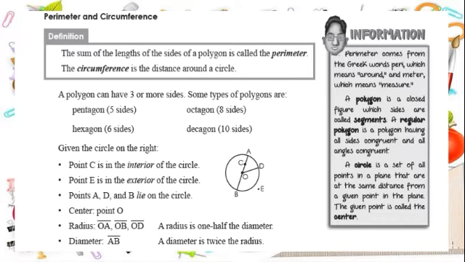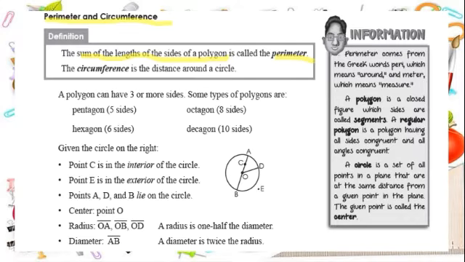circumference. Okay, so what is perimeter? The sum of the lengths of the sides of a polygon is called perimeter. If we are going to get the sum of the lengths, then we are going to get the perimeter. Okay, understood.